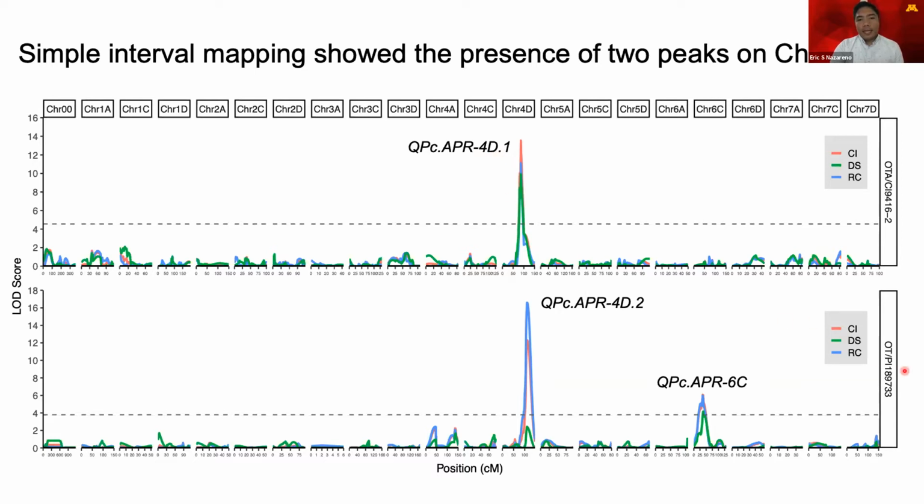And in another population, we have this QPC-APR-40.2, which is different from 40.1. And we detected an additional QTL with a smaller effect on chromosome 6C. So here we can see the LOD score, and the dashed line is the threshold for declaring QTL.